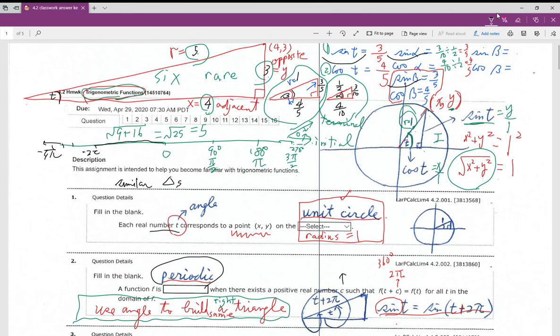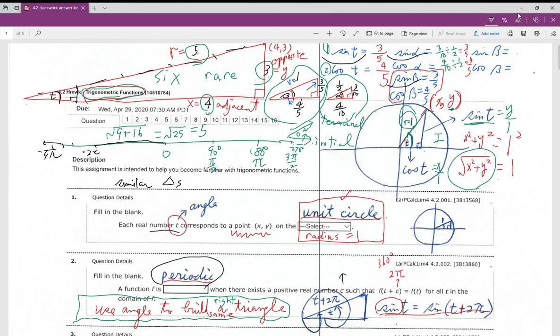In other words, if I divide every side by 5, I build a new triangle here.